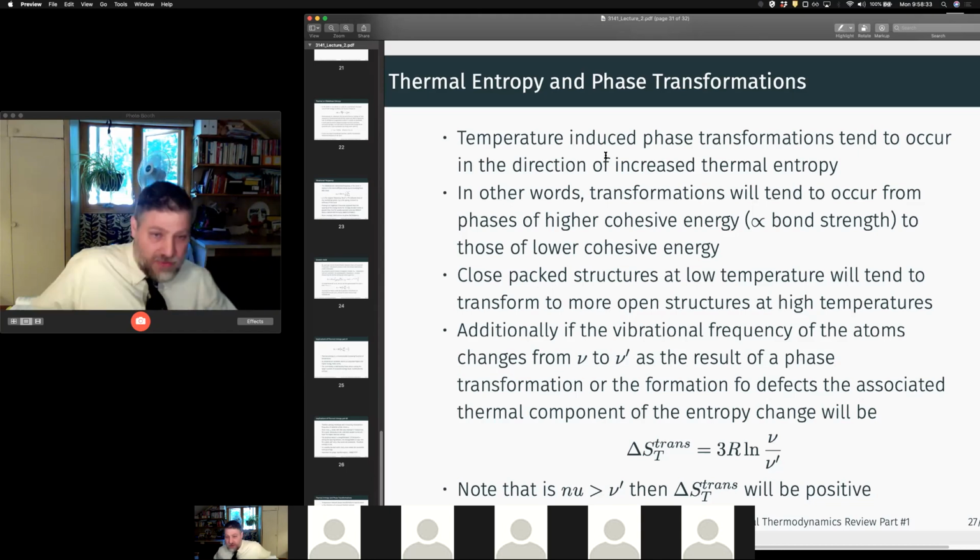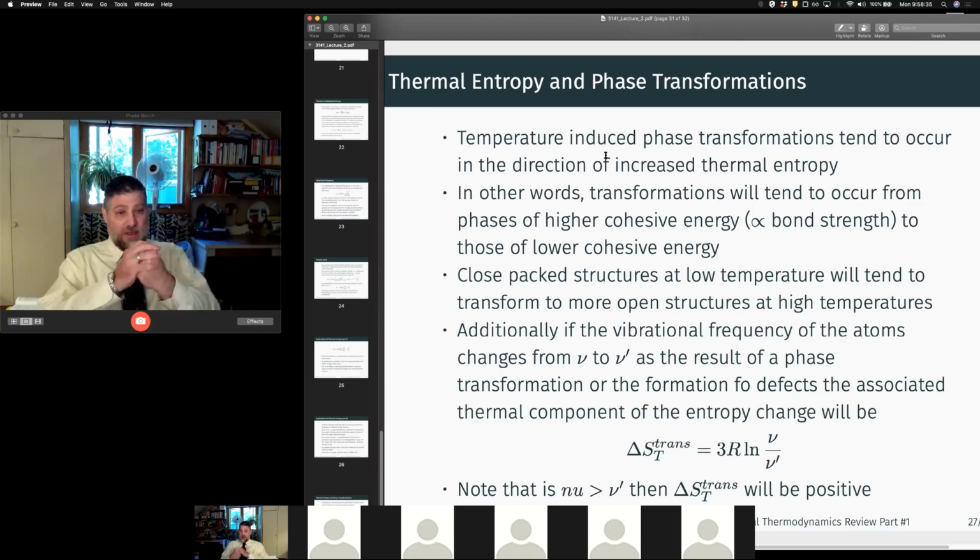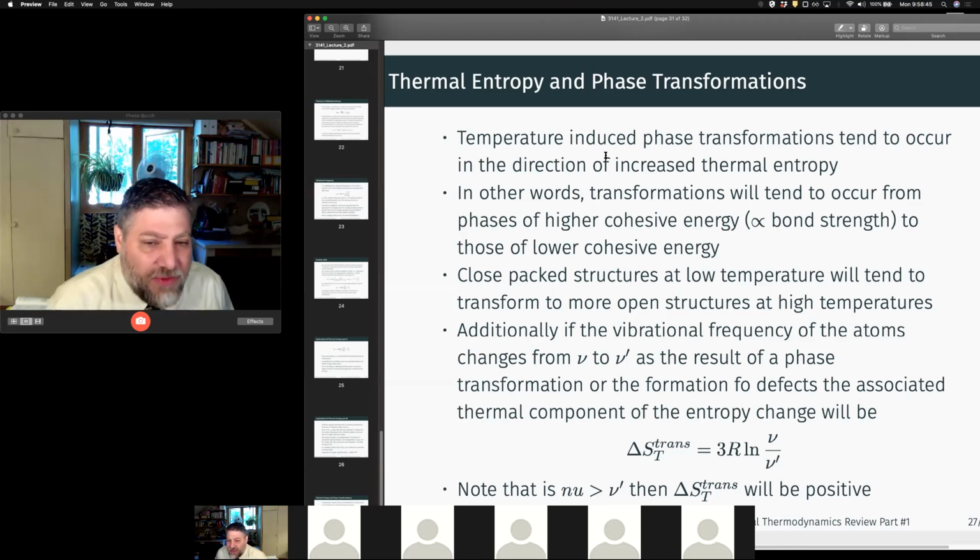Obviously, we're going from perhaps ionic, covalent, metallic to van der Waals type interactions. But even if we think of solid-solid phase transformations, we tend to have close packed structures at low temperatures that are going to transform to more open structures at higher temperatures, right?